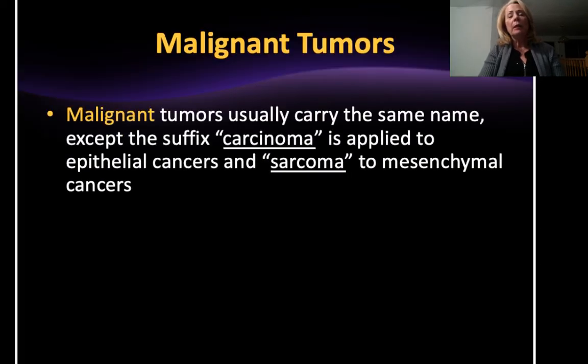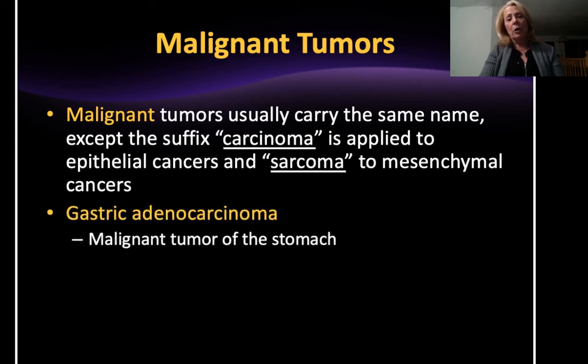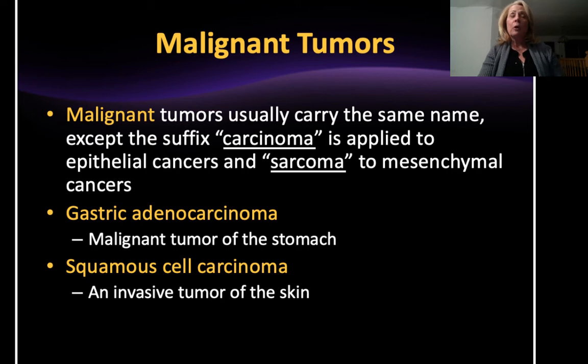Malignant tumors are usually going to carry the same name, except that they have the suffix of carcinoma, which is applied to epithelial cancers, and sarcoma, which is applied to mesenchymal cancers. So a gastric adenocarcinoma, and this is a malignant tumor of the stomach. And of course, those are your glands.